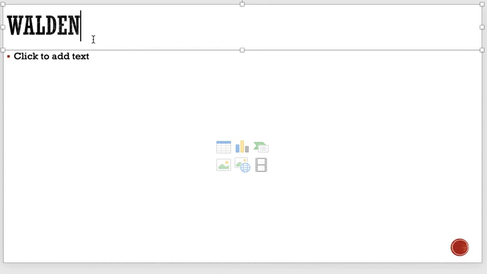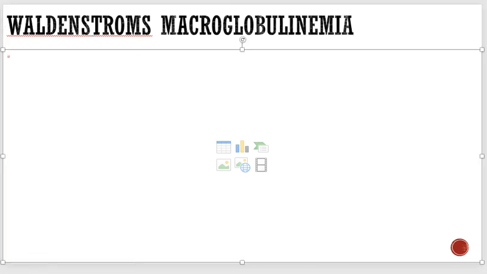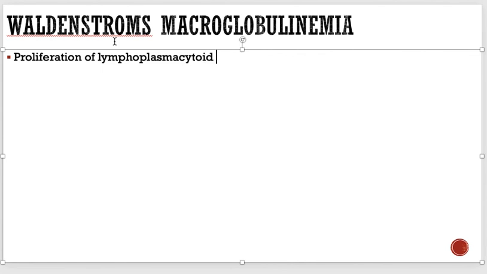The last condition which we are going to study is called Waldenstrom macroglobulinemia. Okay, and as I told you, what is macroglobulinemia? Basically, this is the proliferation of lymphoplasmacytoid cells.